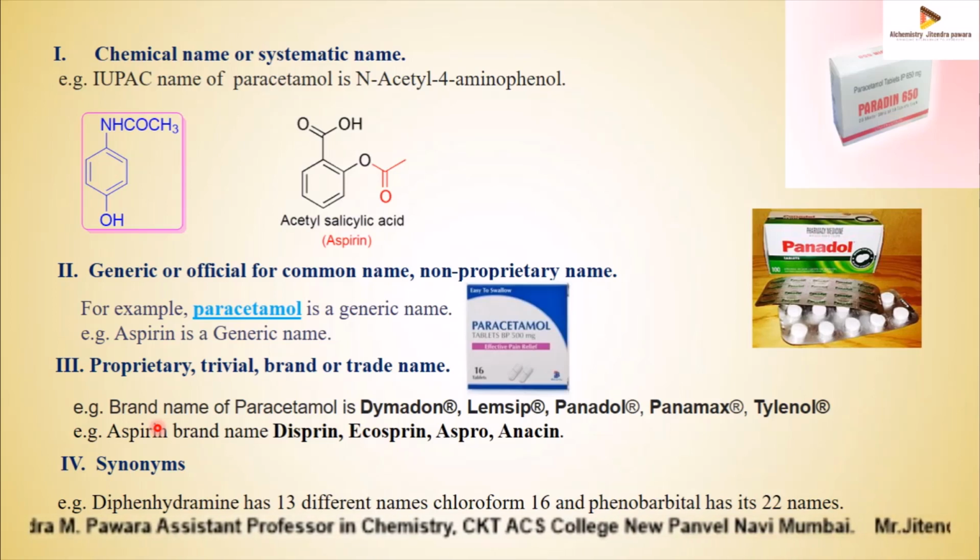So the brand names for paracetamol are Diamidone, Lemsip, Pandol, Panamax. The brand names for aspirin, which is acetyl salicylic acid, are marketed under different trade names like Disprin, Ecosprin, Aspro and Anacin.